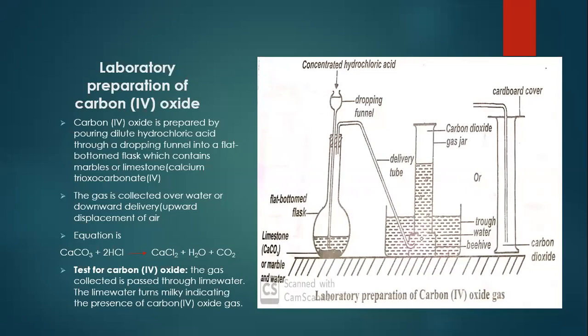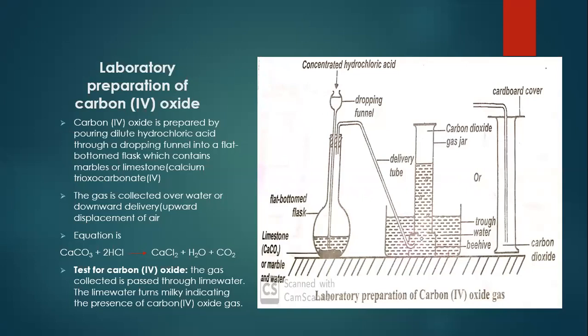With the detection of hydrogen gas, a glowing splint is passed through the gas. Then when it gives a pop sound, it detects the presence of hydrogen gas. But with carbon dioxide, when it's passed through lime water and the lime water turns milky, it indicates the presence of carbon dioxide gas.